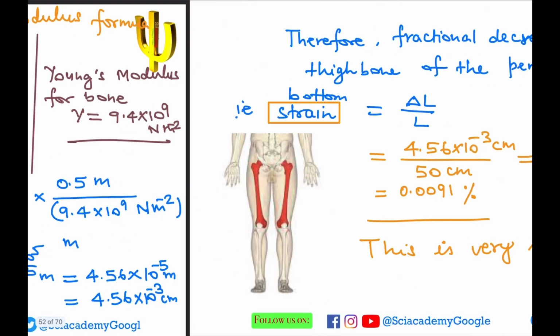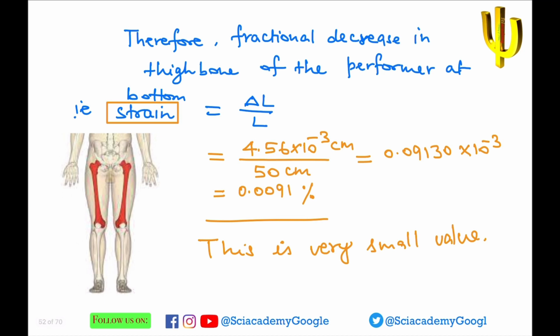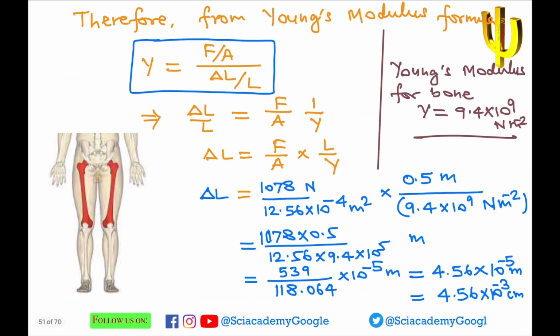Now let us find the fractional compression. Already I have found the compression in the thigh bone, that is delta L equal to 4.56 into 10 to the minus 3 centimeter.